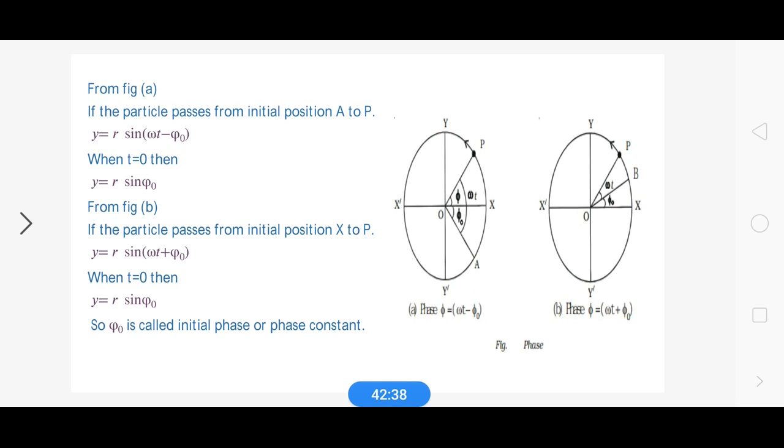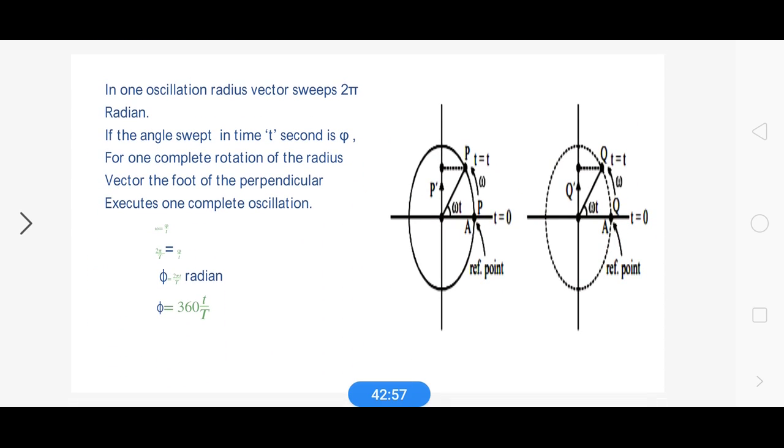Then y is equal to r sin(omega t minus phi naught), or y is equal to r sin(omega t plus phi naught). Here phi naught is the phase constant or phase of the particle in SHM. Now for one oscillation the radius vector covers 2 pi radians.